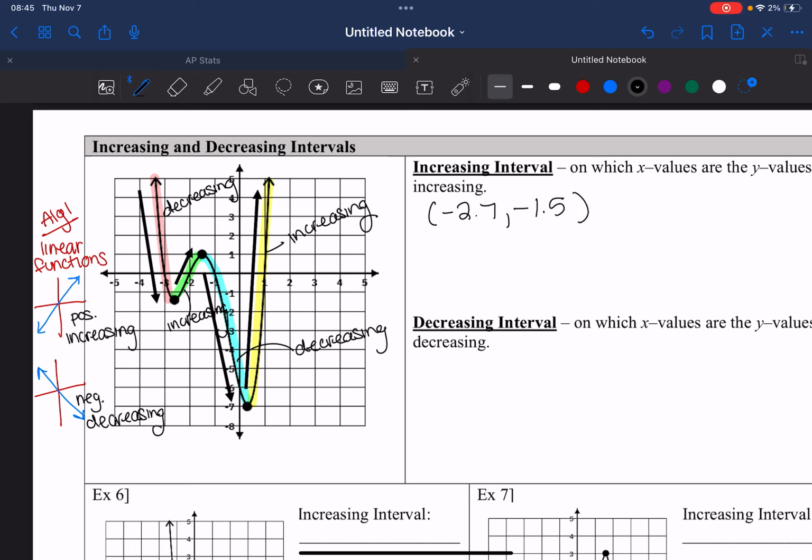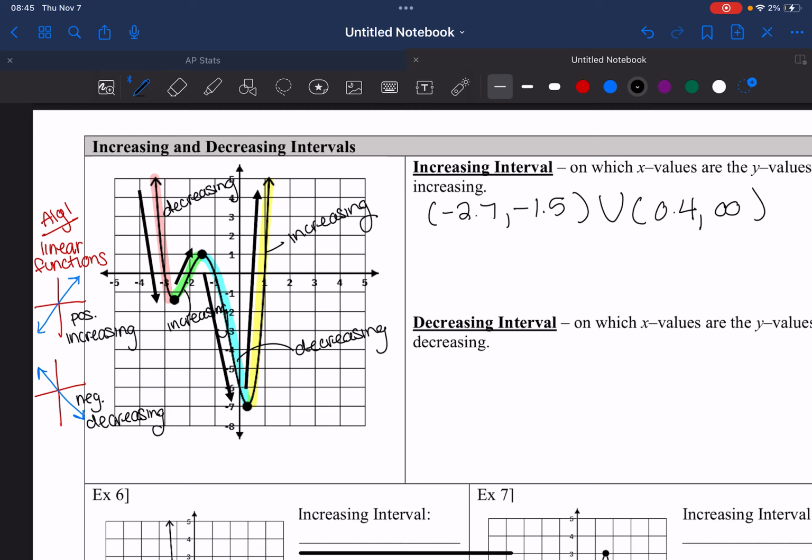Then we look at our next increasing one, where again we're looking at the x value where it starts and where it ends. We have about 0.4 to infinity because of that arrow. Remember, when we're connecting two intervals, we have to use the union symbol to connect them. So those were our increasing ones.